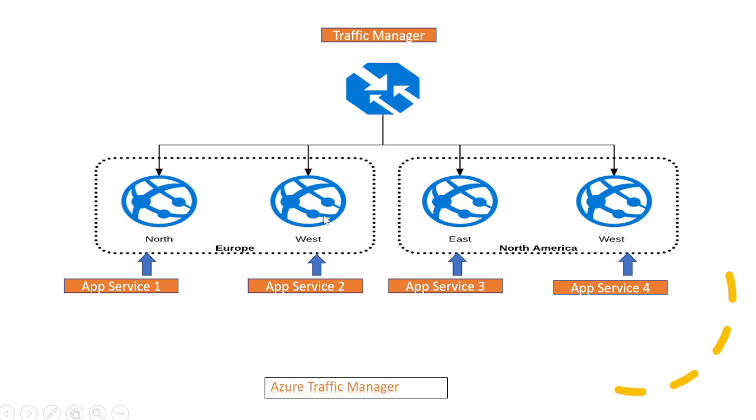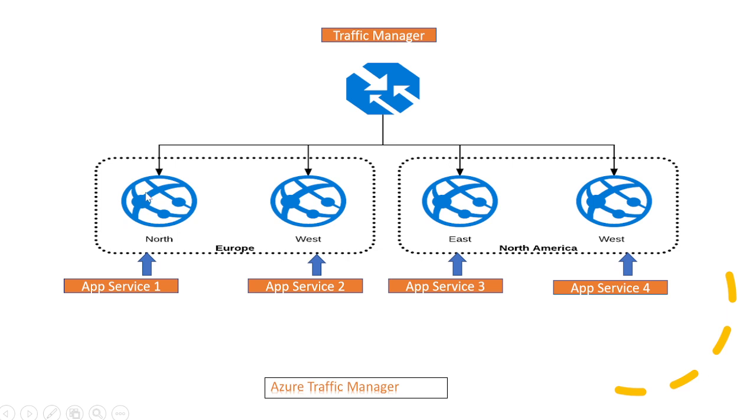So any request from the European region to the traffic manager will always be sent to the Northern Europe app service, because I have decided North Europe is the priority one.